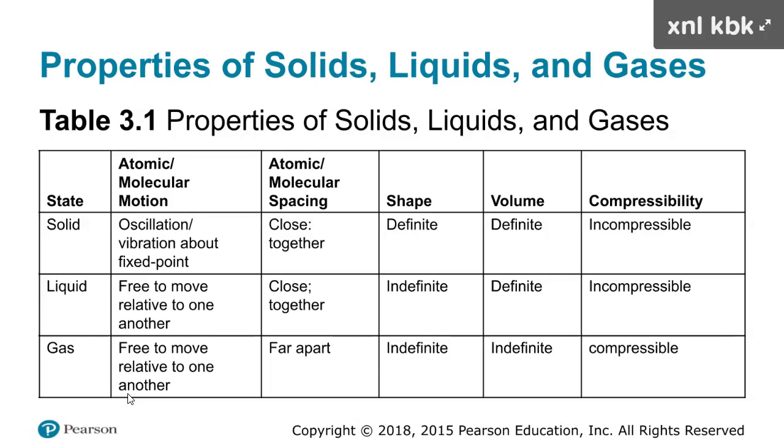And as a result of that packing together just a little bit tighter, it restricts the movement of the solid. The solid particles are really only able to vibrate, or in this case, it talks about oscillation, moving back and forth. It sticks in one spot and kind of vibrates around that spot. It doesn't move from here to there and all around.